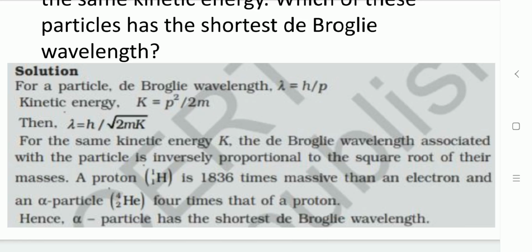Here kinetic energy is constant, so wavelength is inversely proportional to the square root of their mass. Now the mass of the proton is 1836 times the electron, and the alpha particle, being helium-4, has 4 times the mass of the proton. So the alpha particle has the shortest wavelength, based on the mass of that particle.